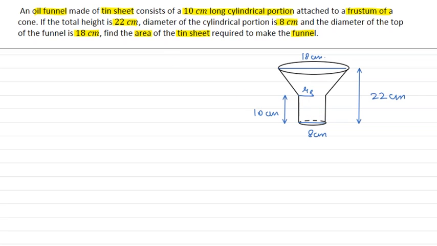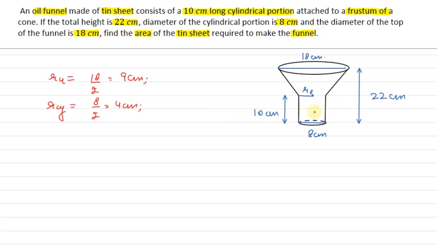So we'll proceed in the question by finding out the relevant dimensions. First find R upper for this frustum, which is upper diameter by 2, 18 by 2, that is 9 centimeters. Now you know the diameter of this cylinder, so you can find out radius of cylinder, which is 8 by 2, that is 4 centimeters.